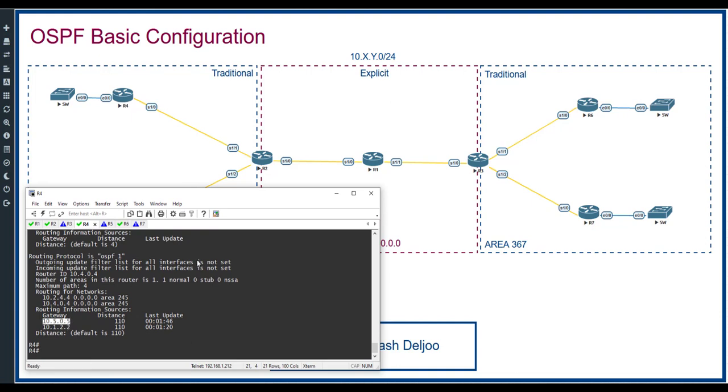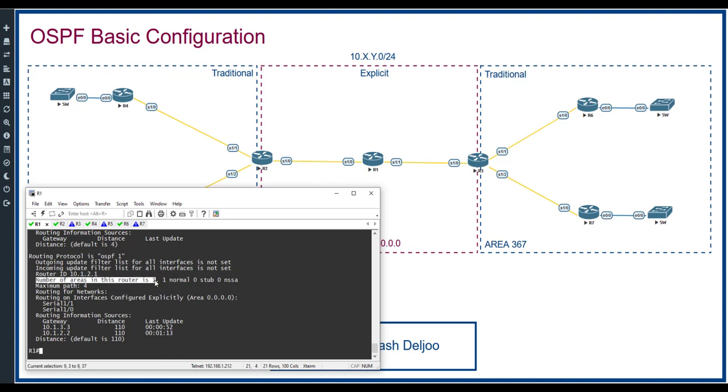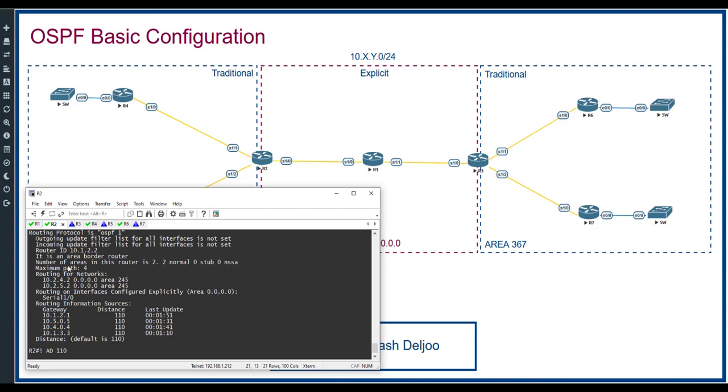After that, let me talk about the other things in show IP protocol. In router 1, because this is an internal router, we don't have any important notation about the functionality of this router. You can only see the number of areas in this router is 1. That's it, because this is an internal router. But in router 2, as you can see, the number of areas in this router is 2.